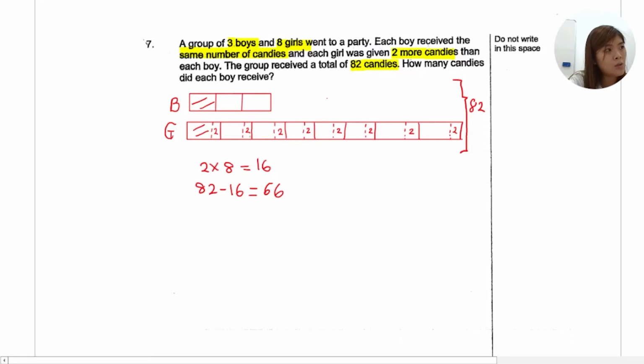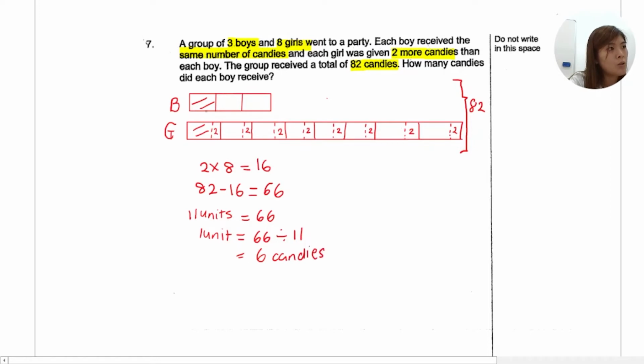Okay, so in total how many units are there? 8 plus 3, so 11. In total we have 11 units. One unit, 66 divided by 11, 6 candies.